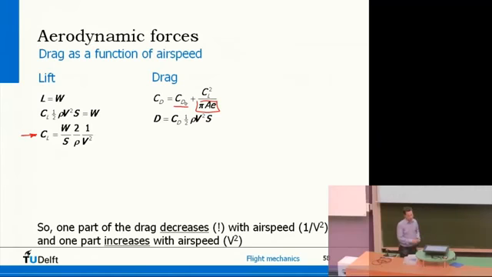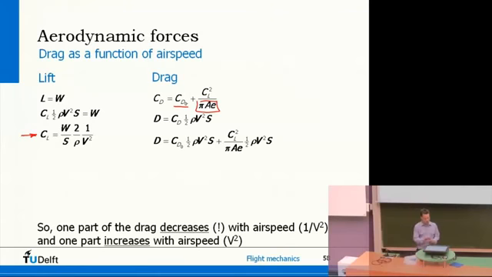Now we're interested in actual drag. Actual drag is drag coefficient times half rho V squared S, just like for the actual lift. If we take that equation, we can fill in the equation we already have for the drag coefficient. If you do that, you end up with this.